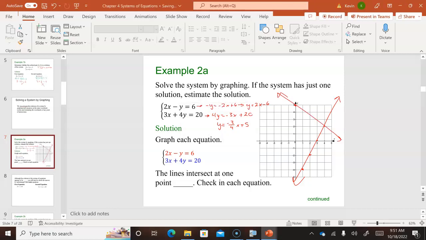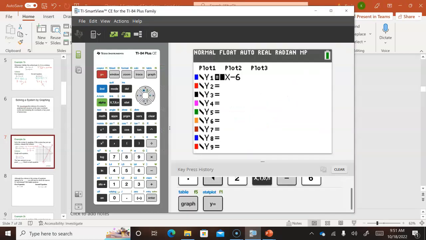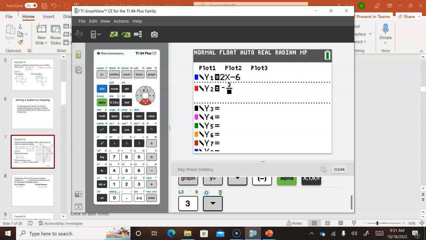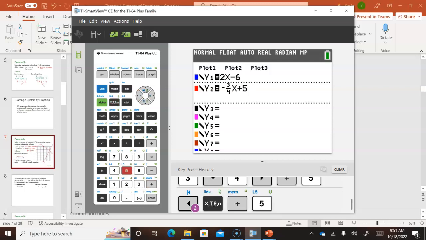See our line. So I can do negative fraction 3/4. Plus 5? Oh, I forgot my x. That's important. X plus 5. Okay? Negative 3/4 x plus 5.